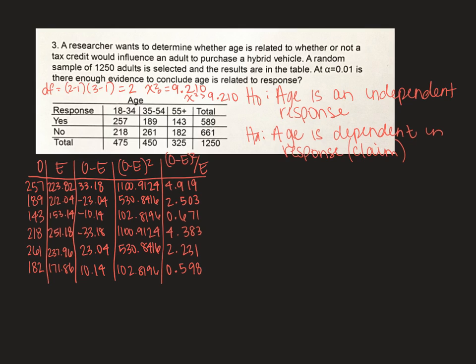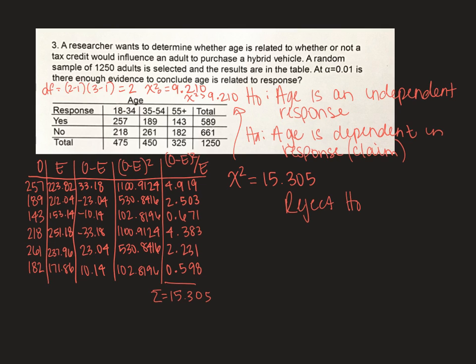So when we add that last column, you should get 15.305. So that's going to be our test statistic and what we compare to that rejection region. So 15.305 is greater than 9.210.